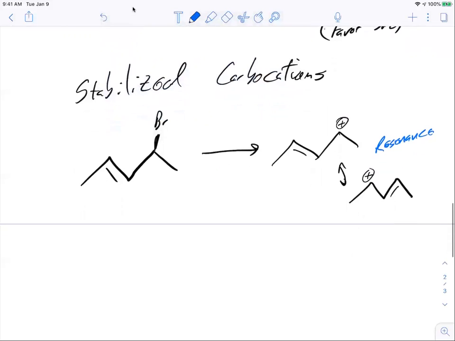And because it has a resonance structure, it's going to be stabilized. So this is a secondary position, but it is a secondary stabilized position. Because of that, it's going to behave more like a tertiary as far as rate. And so that's going to have a tendency to be SN1.